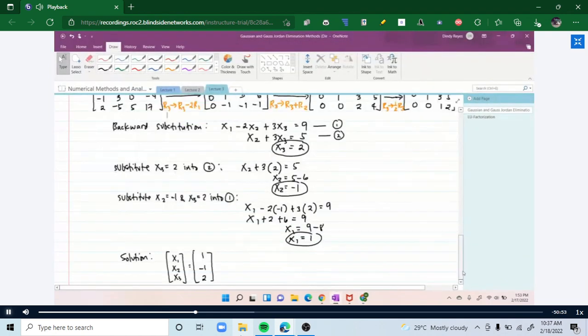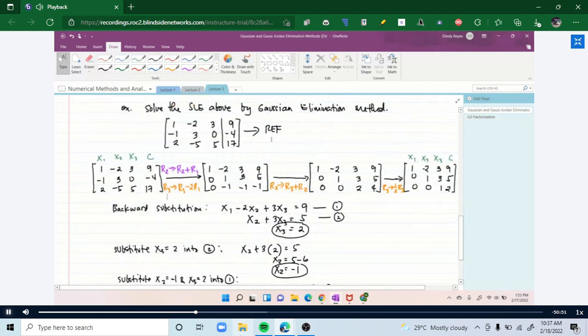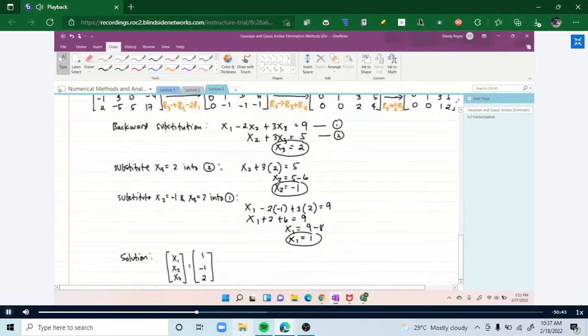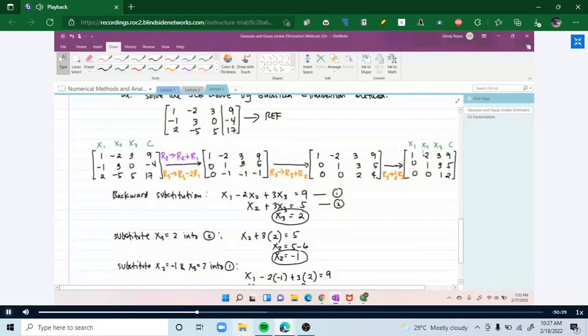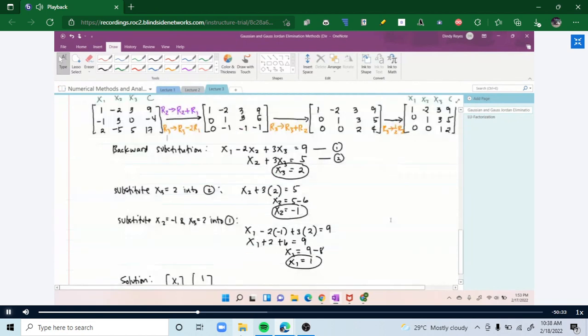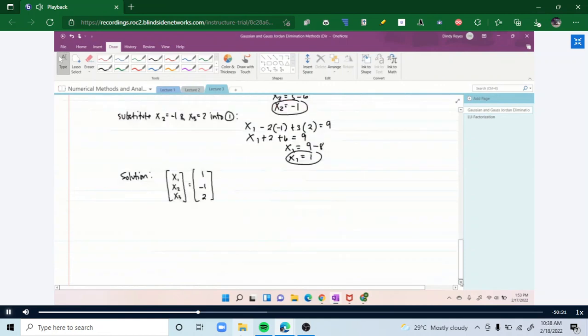So let's go to the Gauss-Jordan elimination method. So it's the same thing, but instead of transforming the augmented matrix into its REF, we'll have to transform it into its RREF, but it will not be involving the backward substitution anymore. So right away from the RREF form of the matrix, you'll be able to get your answer.